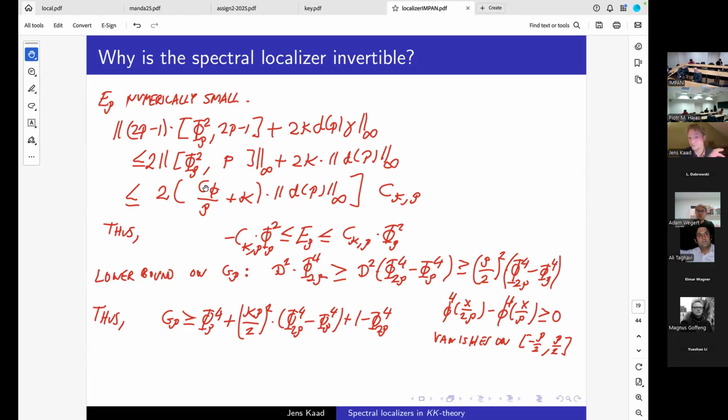It only depends on your choice of localizing function. So once I choose kappa such that 2 times kappa times the norm of this quantum derivative is strictly less than 1, then I can easily find a rho afterwards such that my 2 strict inequalities are satisfied. Okay. So I have an upper bound on what kappa can be, because C kappa rho has to be strictly less than 1.